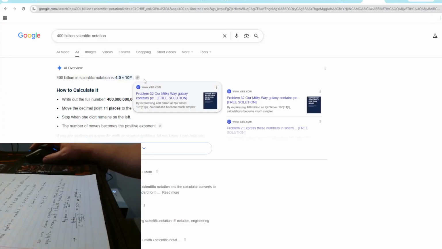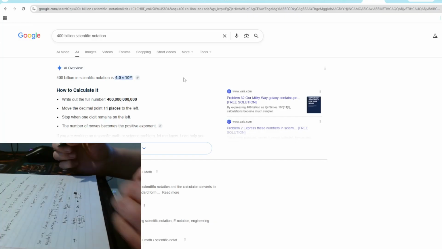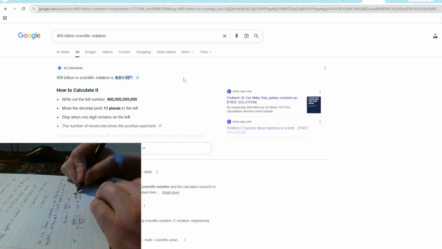Whoops, 4 times 10 to the 11. I'm going to have to fix that when the LaTeX scanner sees that, probably.